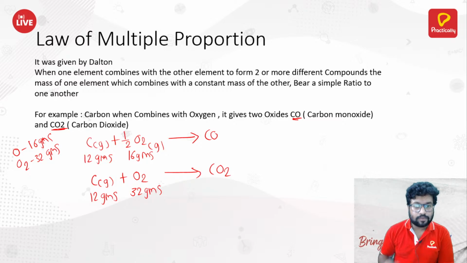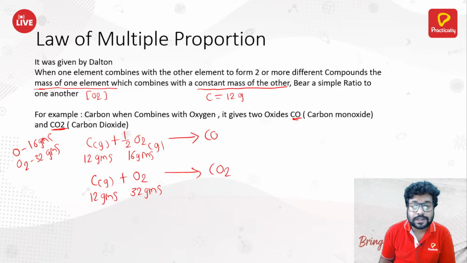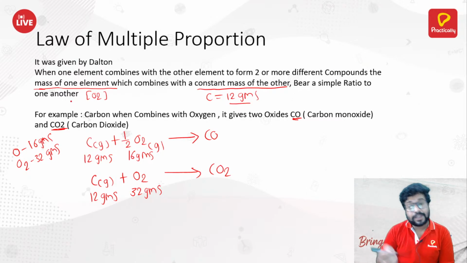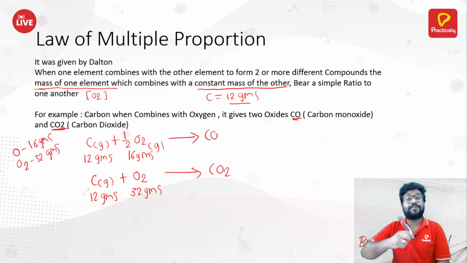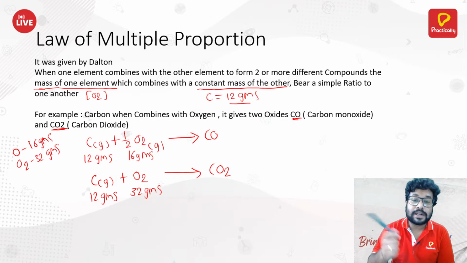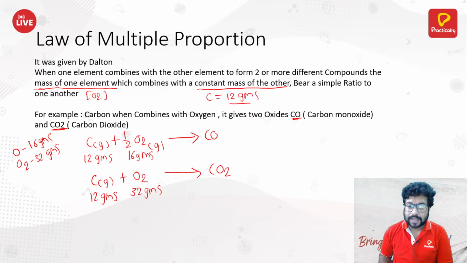So you can see here what I was saying is that the mass of one element, now that one element here is oxygen, the mass of one element which combines with constant mass of the other. What is the constant mass? That is carbon. That is equal to 12 grams. The mass of one element which combines with the constant mass of the other bears a simple ratio to one another. तो इसका मतलब क्या है?